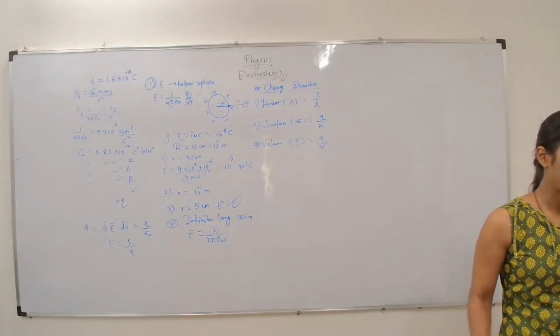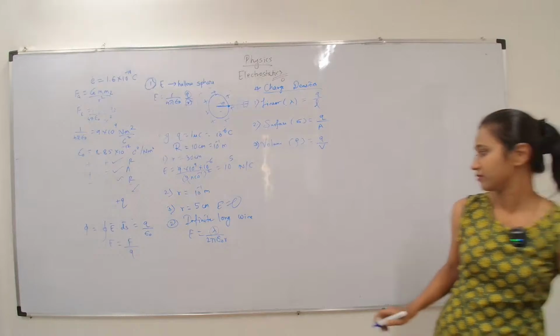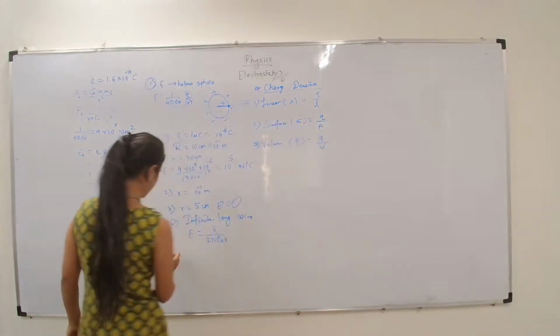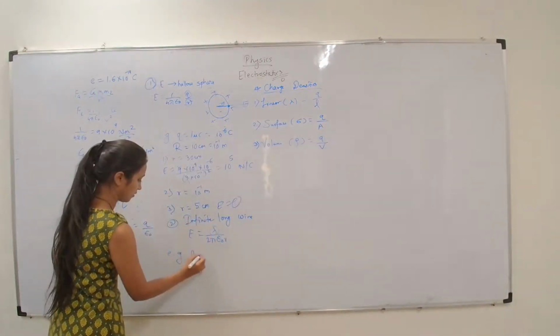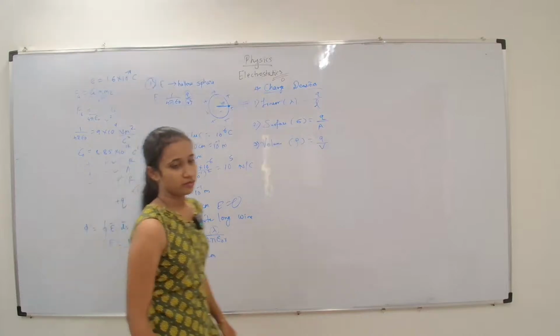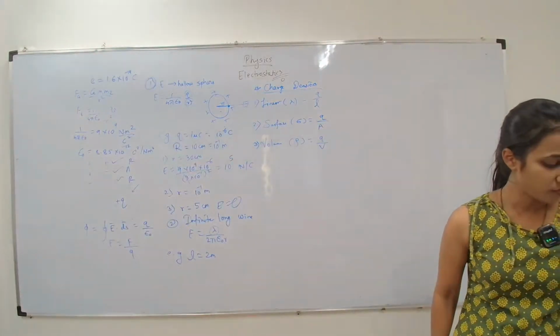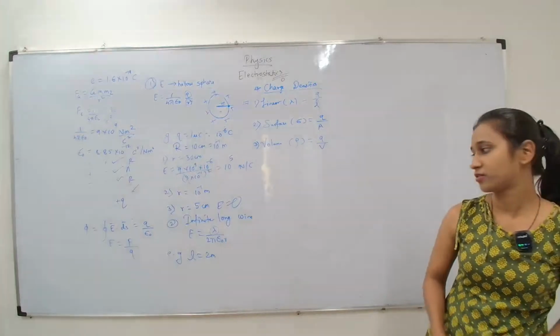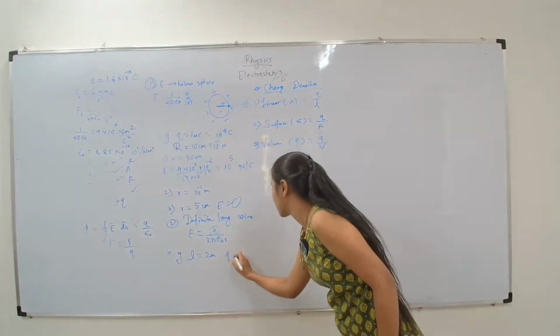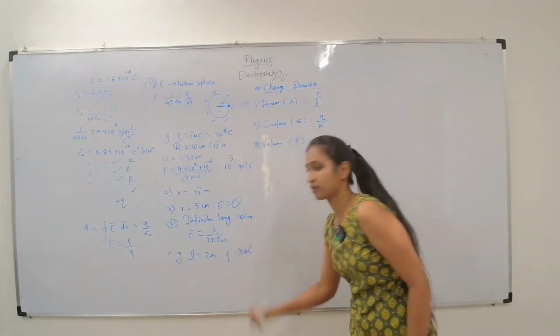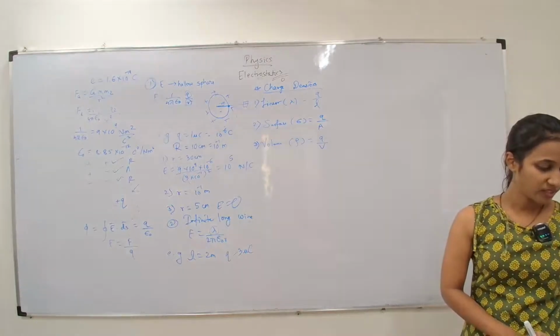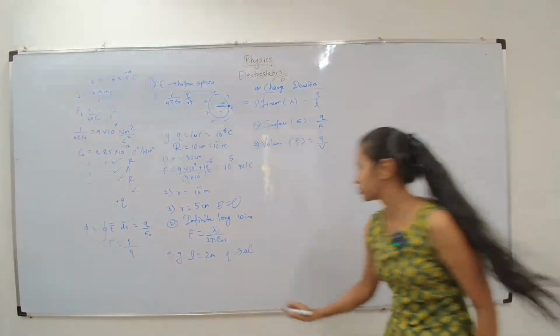Question is given: the length of a straight thin wire is 2 meter. It is uniformly charged with a positive charge of 3 microcoulomb. Q is 3 microcoulomb. First, find out charge density.